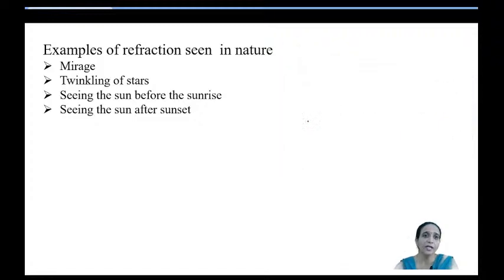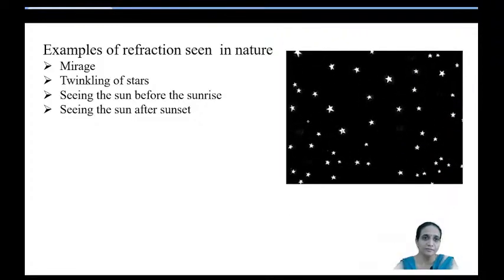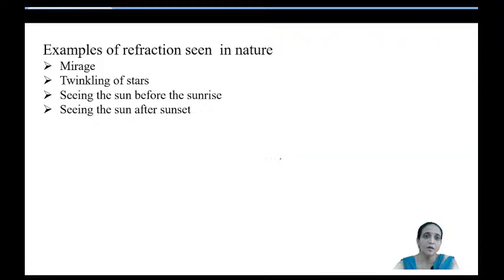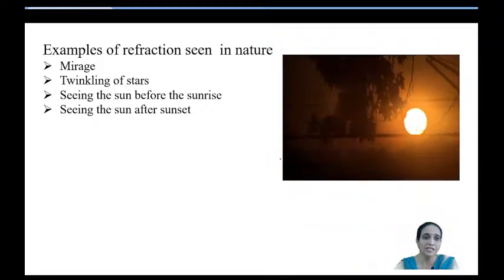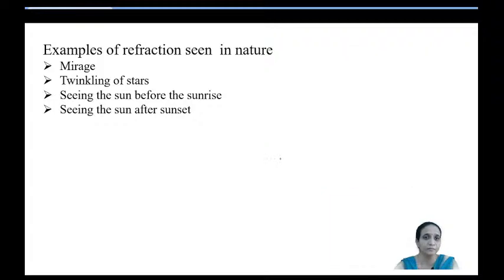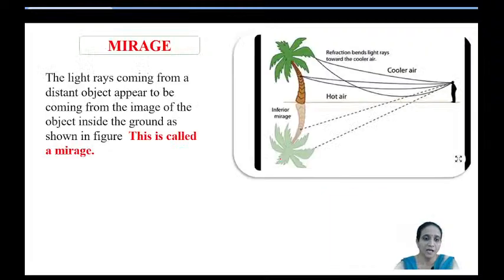Then, twinkling of the stars is also an example of refraction of light. Seeing the sun before the sunrise, that is advanced sunrise, and in the same way seeing the sun after the sunset, are also examples of refraction that you can see in nature. Now we'll study the first example, mirage.